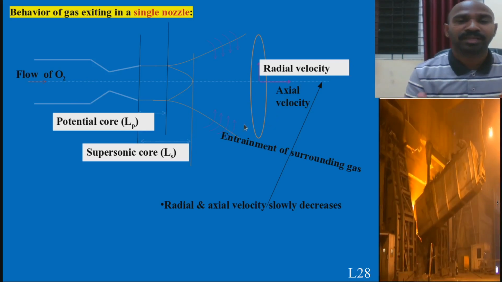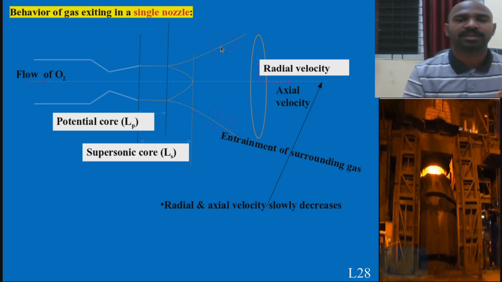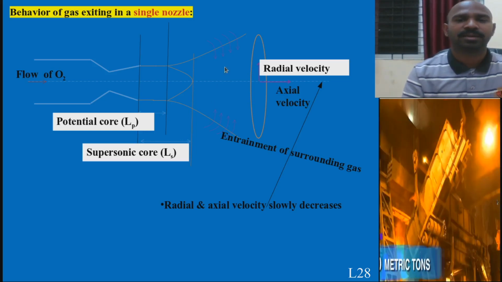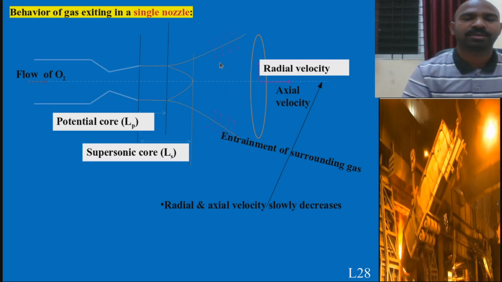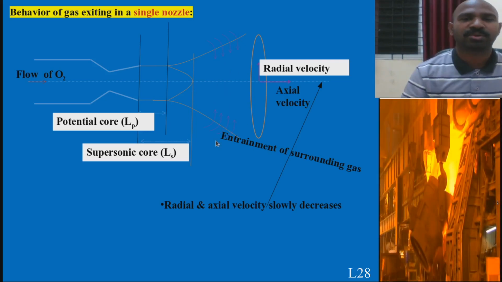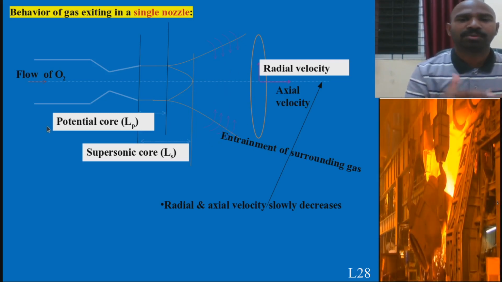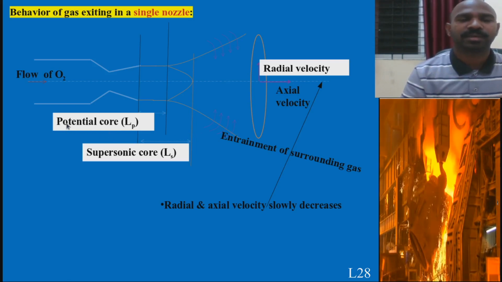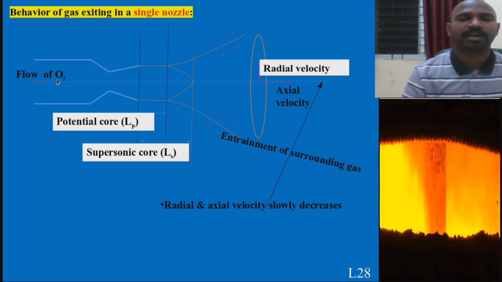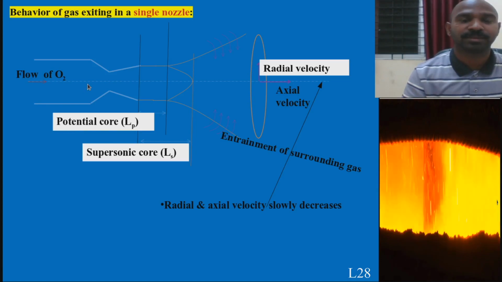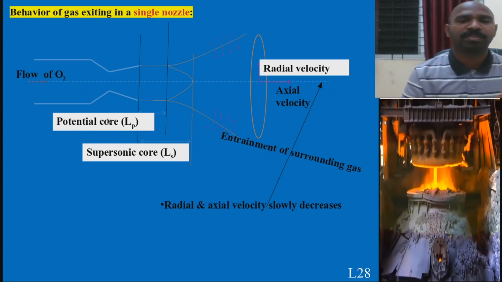There is one more assumption. If you think of realistic simulations, the jet also interacts with the surrounding molten steel, and there are a few terminologies used in this oxygen lance and molten metal interaction.